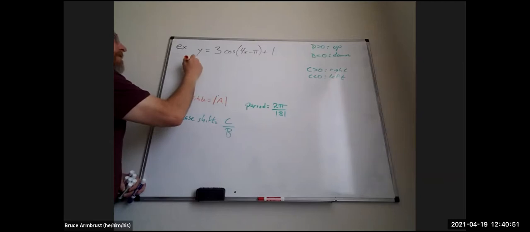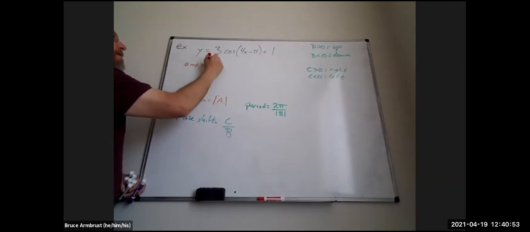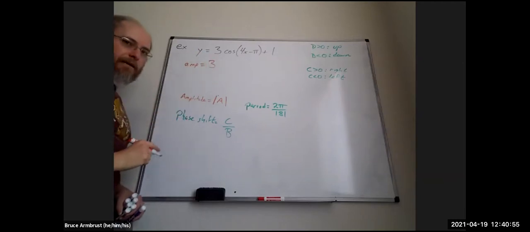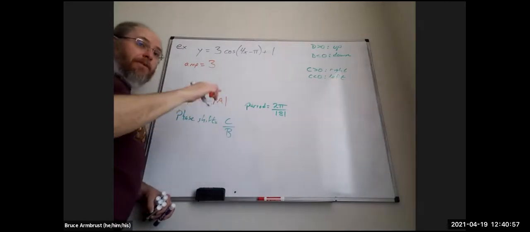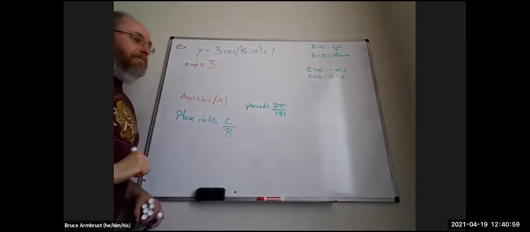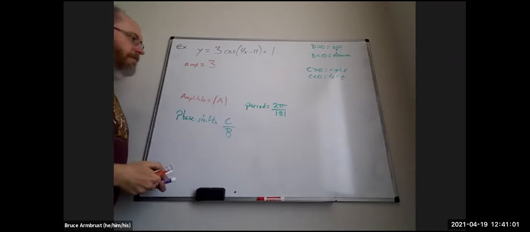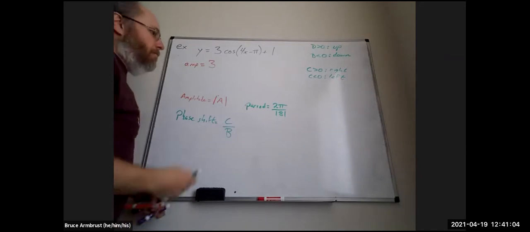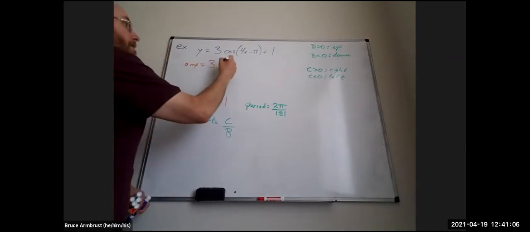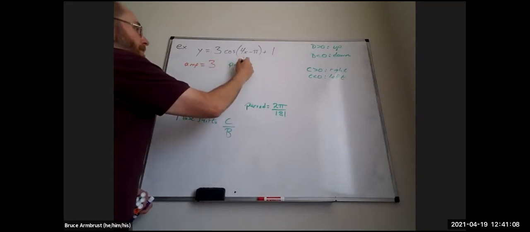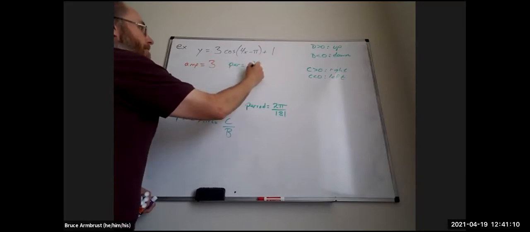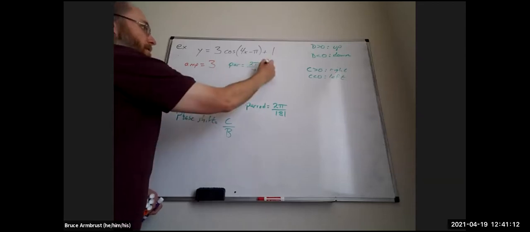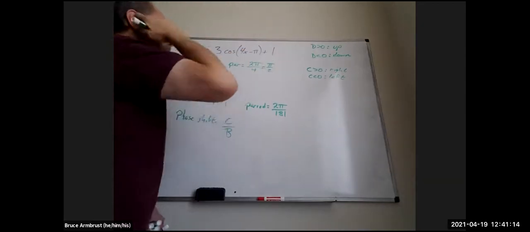All right, so first of all, our amplitude is going to be 3. So that means from the midline, we're going to go up 3 and down 3. The period is 2 pi over B. So the period of this is going to be 2 pi divided by 4, or pi over 2.